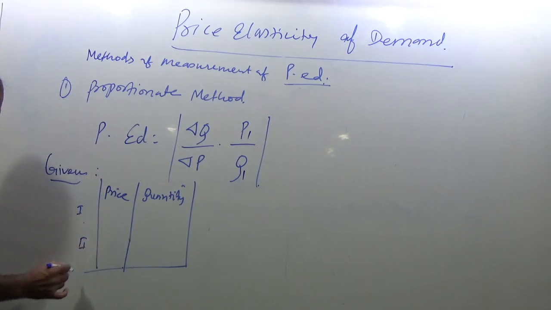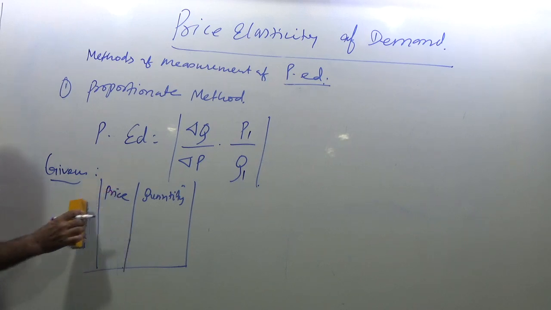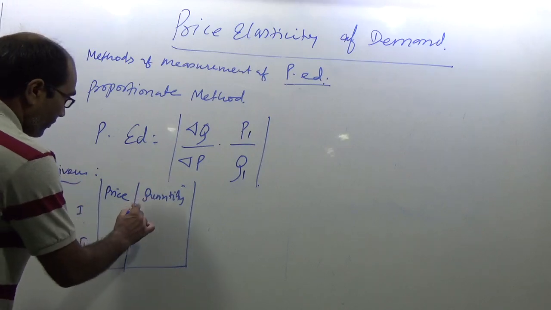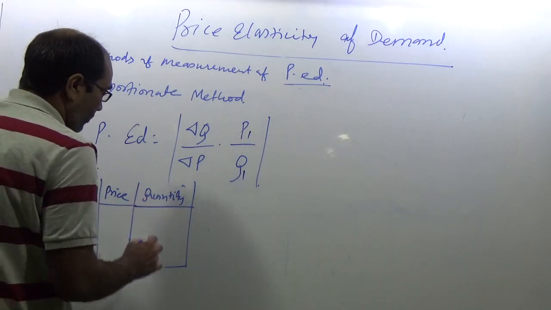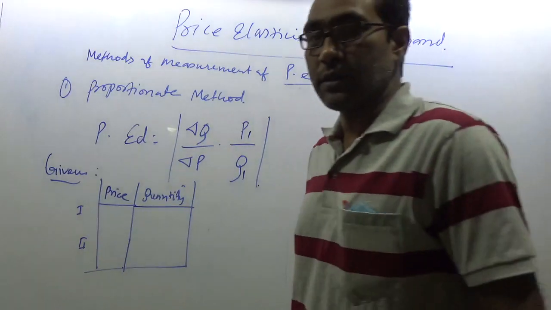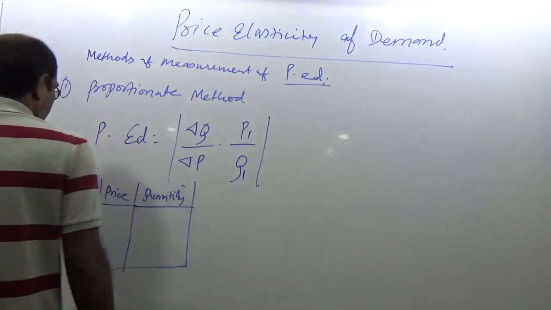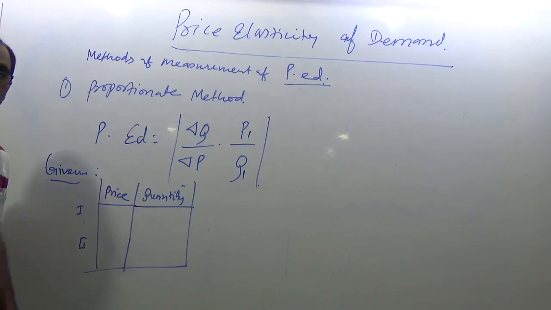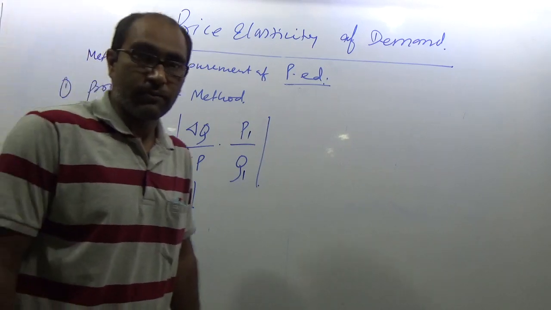First and second, P1, P2, Q1 and Q2. What information is given to you? First, two prices, 1 and 2, and two quantities.